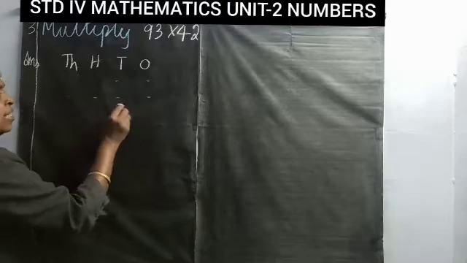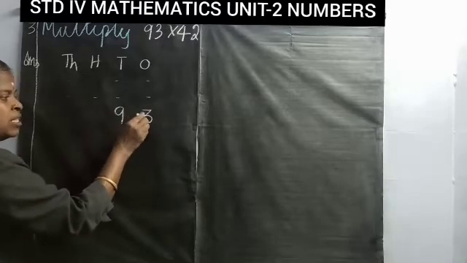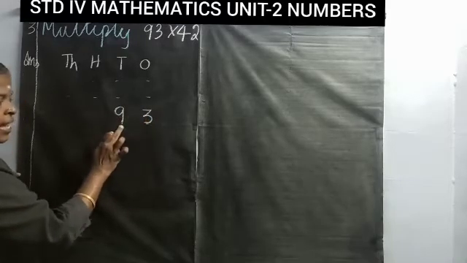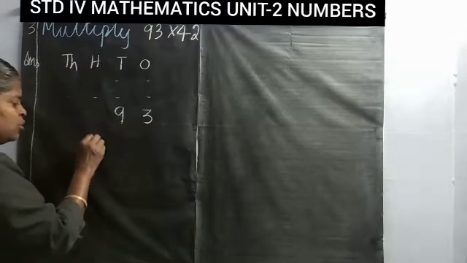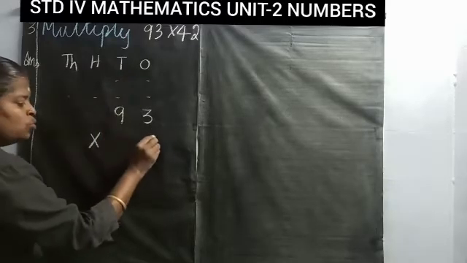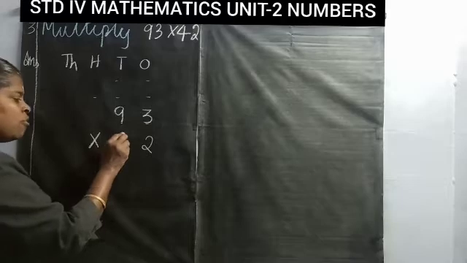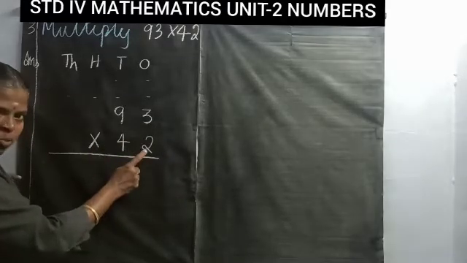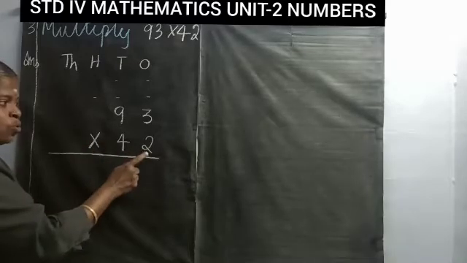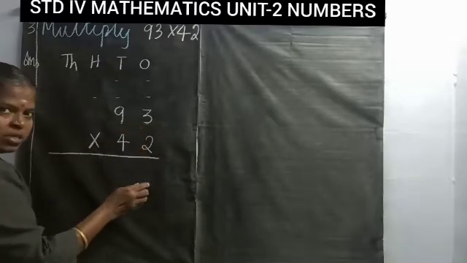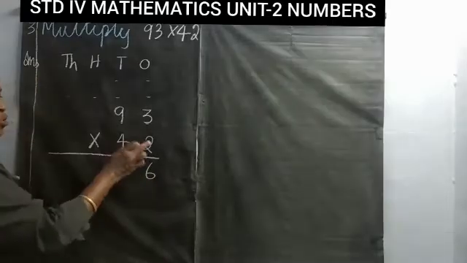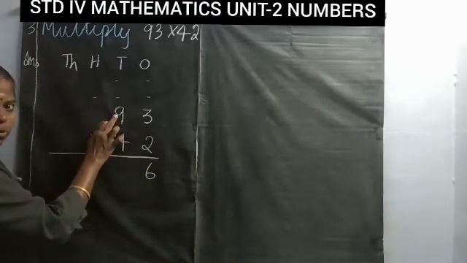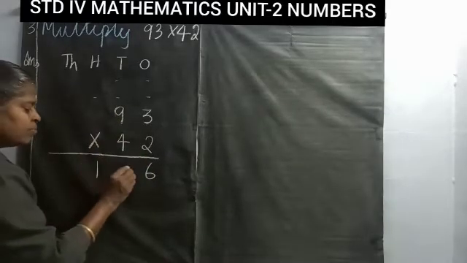Then write 93, 3 in ones place, 9 in tens place, into 42, 2 in ones place, 4 in tens place. First we start to multiply by 2. 2 threes are 6. 2 nines are 18.